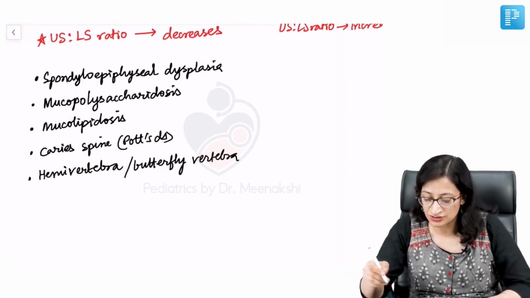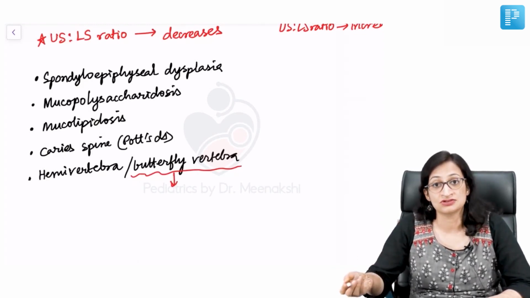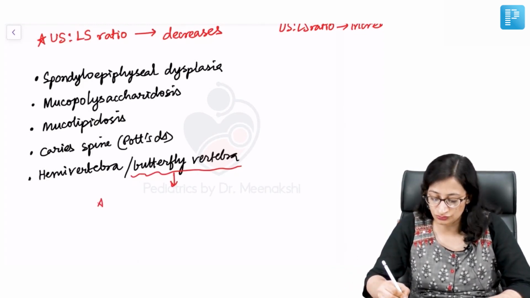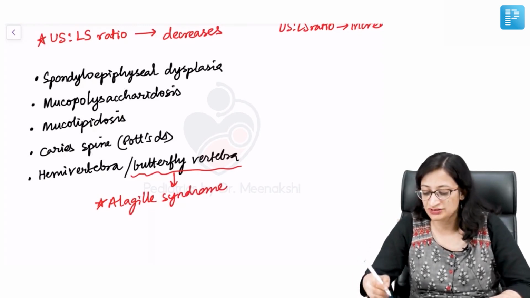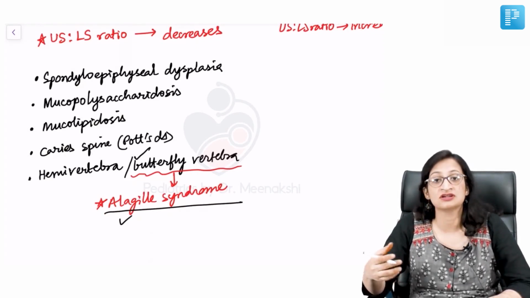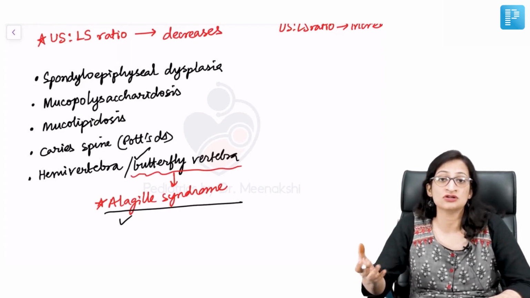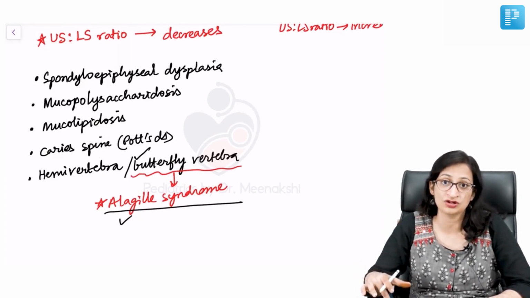This butterfly vertebra is seen in a condition called Alagille syndrome. It may be asked in MCQs for you. So in Alagille syndrome, what all do we get? We get butterfly vertebra, then we can get neonatal cholestasis. It is one of the causes of conjugated jaundice in newborn or infancy.